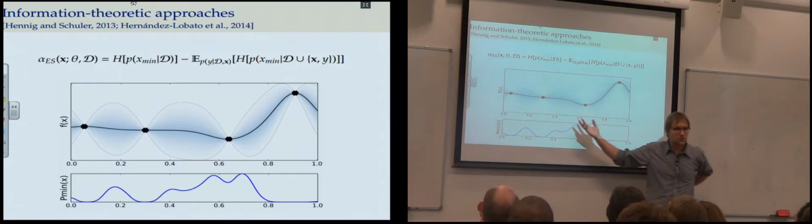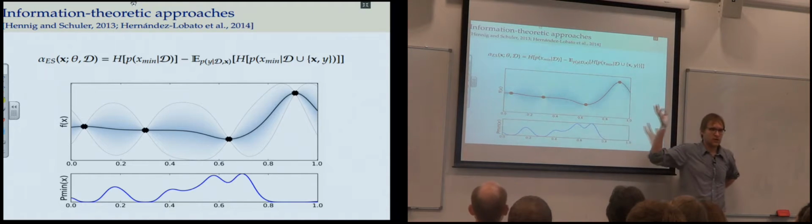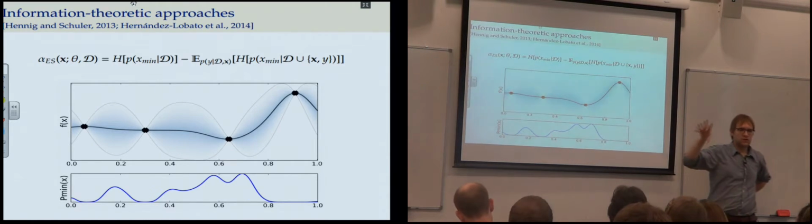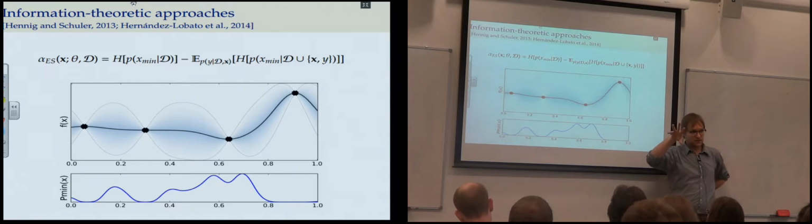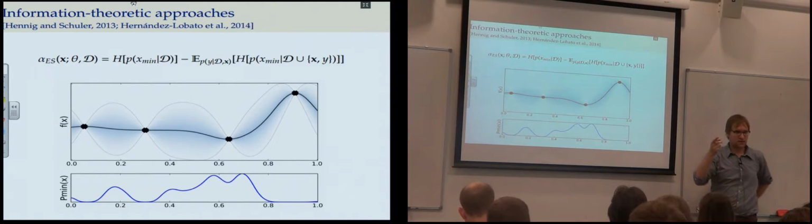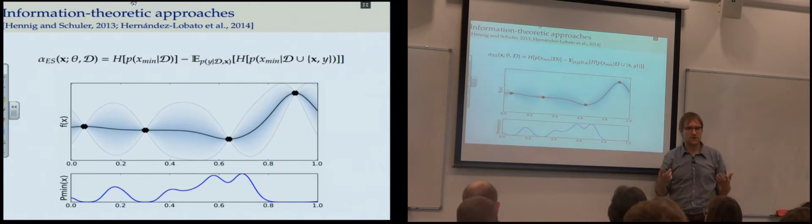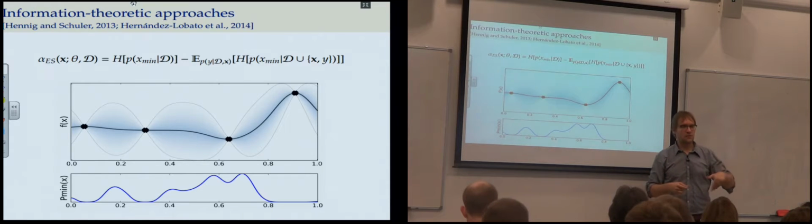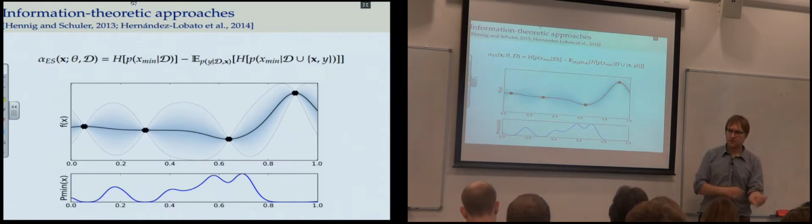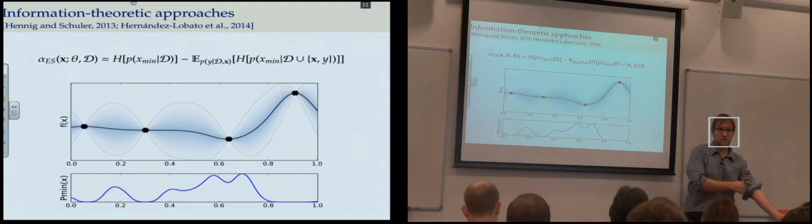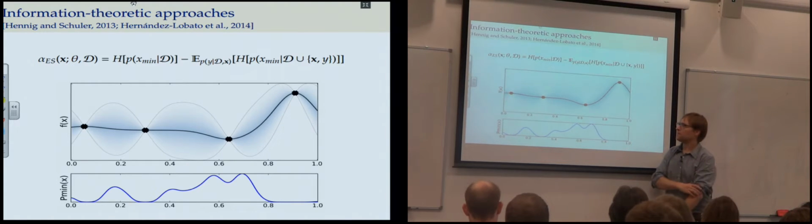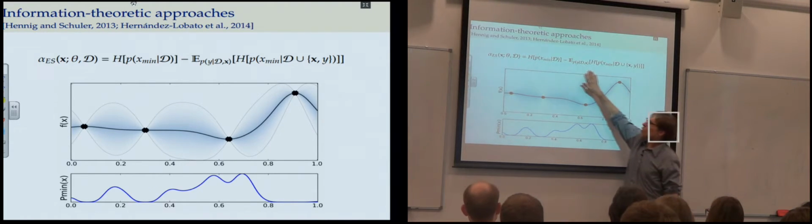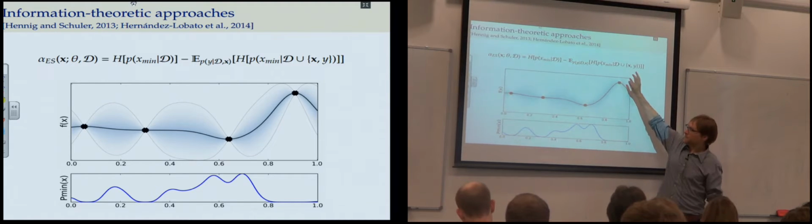Information theoretic approaches. This is linked to the probability distribution that we were deriving at the beginning. You can think, okay, I'm going to use the mode of that probability distribution to select the new point in which I want to evaluate my function. That's true, you can do that, but you can even use that probability distribution in a smarter way, using it for entropy search.